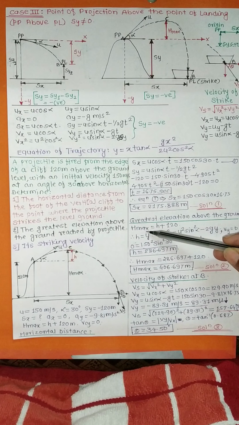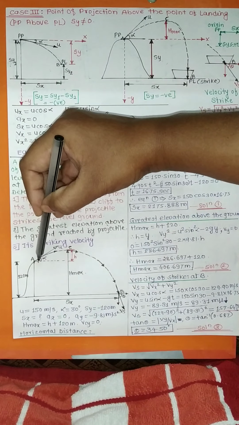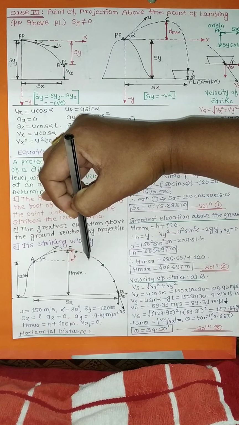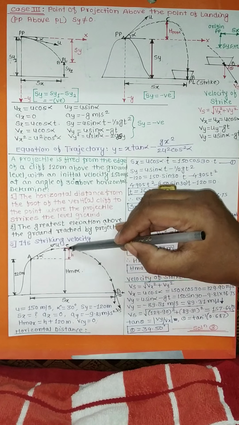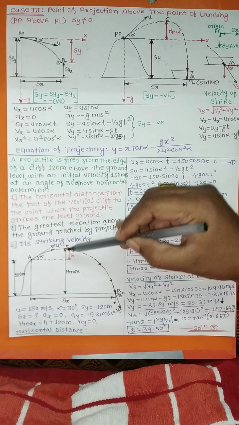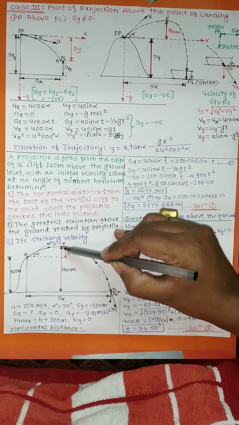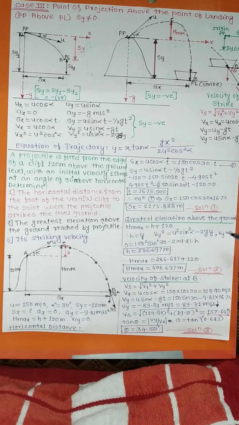Now we can say that H max equals h plus 120. This height h is defined with the velocity: vy square equals u square sin square alpha minus 2gh, whereas velocity at this point C along the y direction is 0.